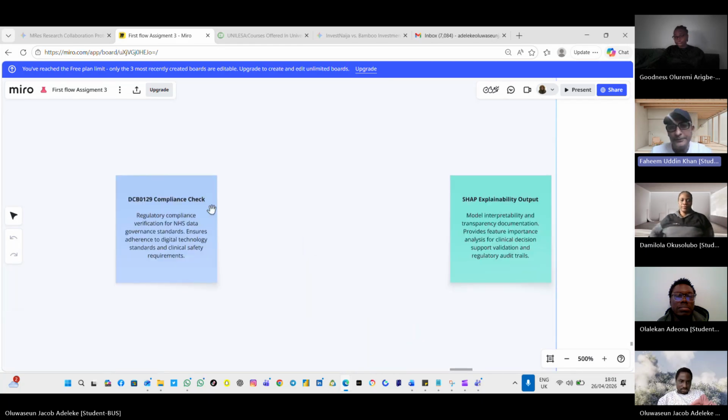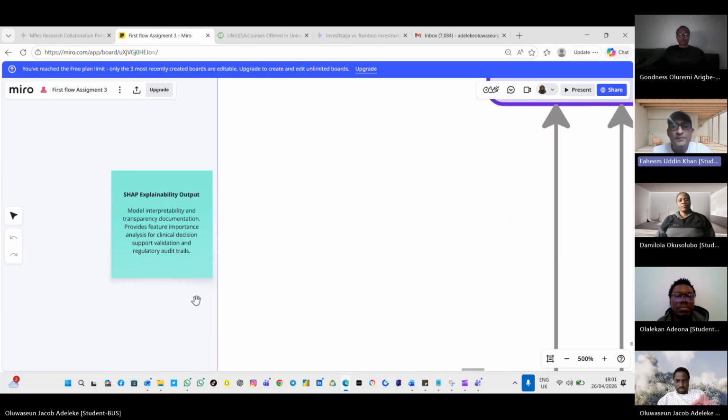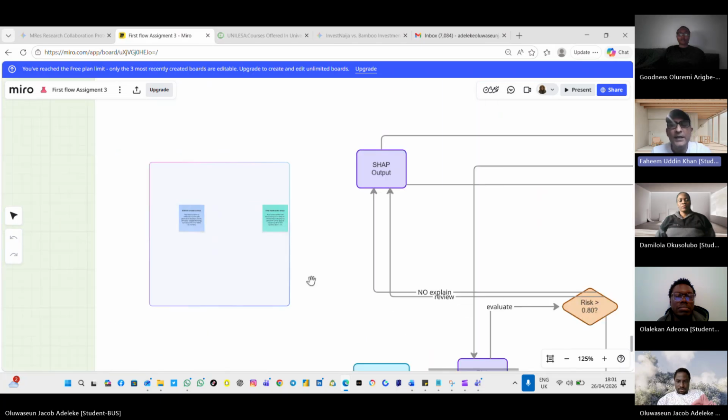In healthcare, we cannot allow AI to make decisions unless the system is safe, reliable, and properly tested. Doctors must be able to trust the data and the system because patient lives are involved. This is where the NHS safety standard called DCP 0129 comes in.